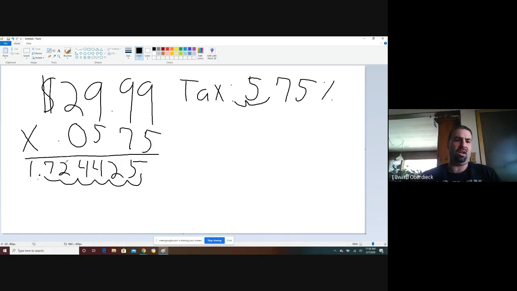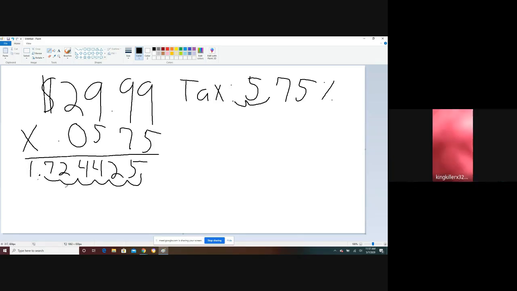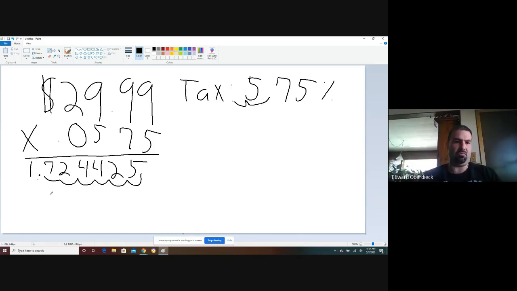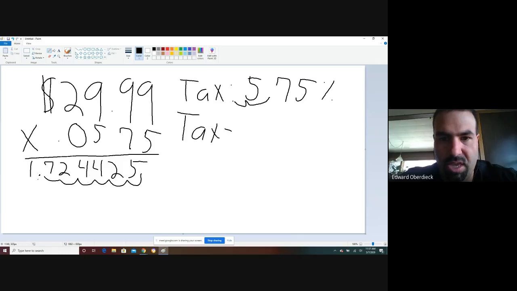Now, you want to take the first 3 numbers of your problem and round that to the nearest hundredth. In other words, we think dollars and cents, right? So your tax amount will be equal to $1.72.